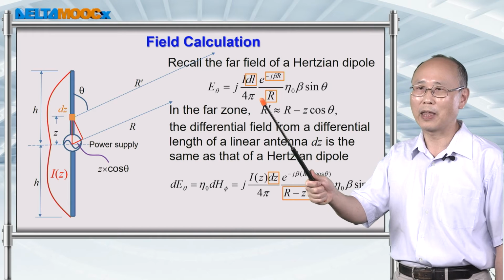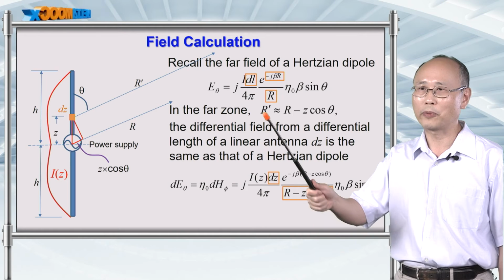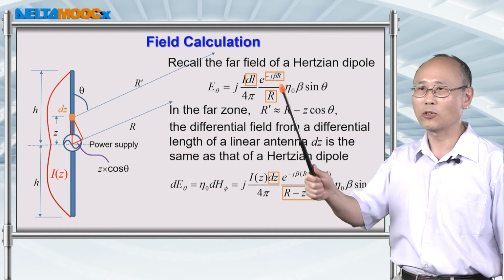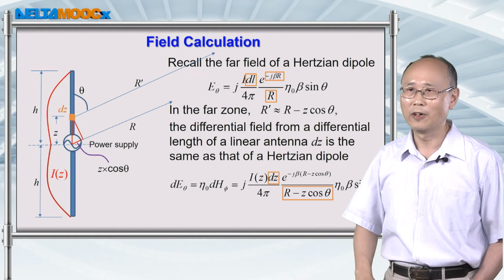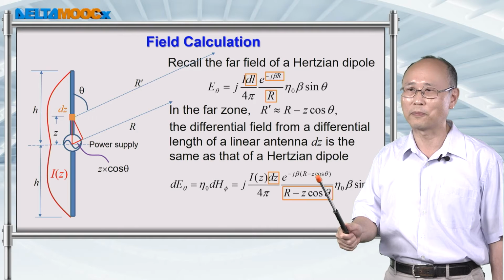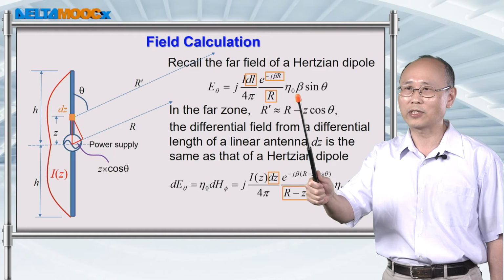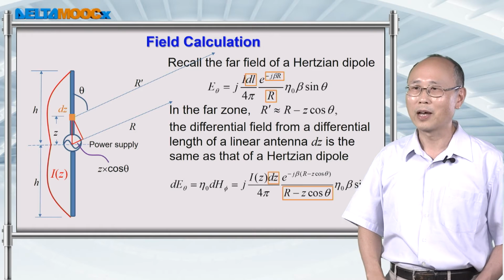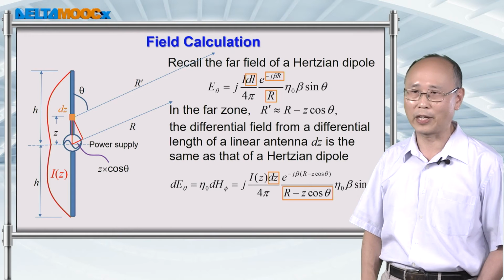So let's copy down this formula derived from the Hertzian dipole antenna, and then replace the dl to be a small section dz here. And then also this r is replaced by r prime. We have a formula on the last page for r prime, so we can just copy the r prime expression into this phase term and also this location. So you translate the solution from a Hertzian dipole to this solution. But this is only true for a differential length on this linear dipole antenna.